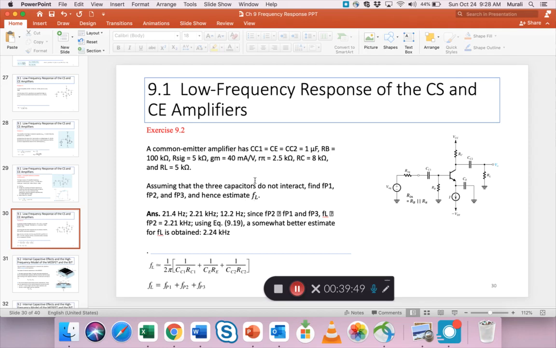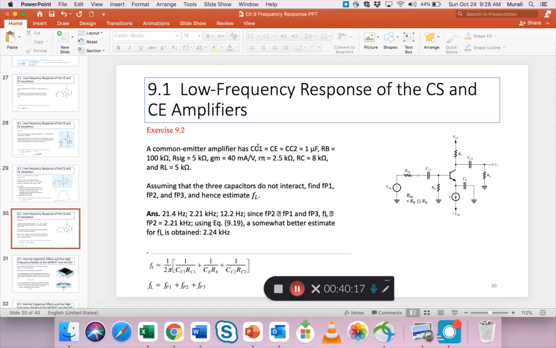and we are asked to find what FL will be the result. So it's a bit of an opposite question, right? So far we were given a goal of an FL, that means the minus 3 dB frequency, and we were asked to find the capacitances. Here we are given the capacitances and asked to find the corresponding minus 3 dB frequency FL.